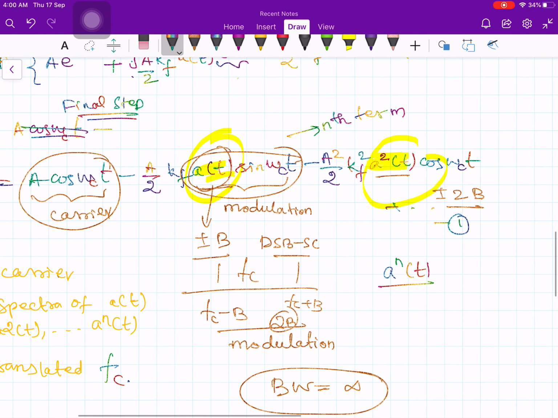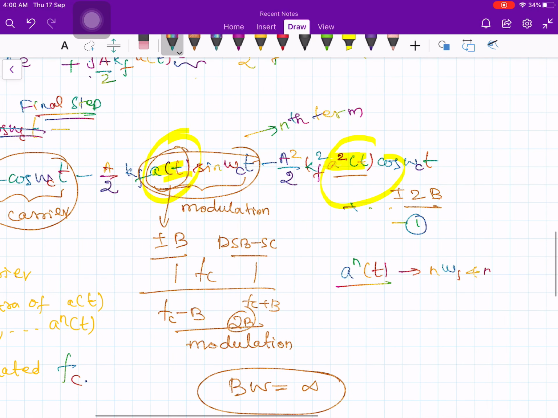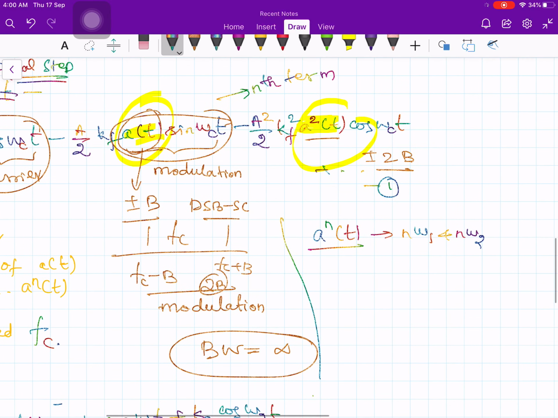So this a to the n of t will produce not only n omega 1 and n omega 2, but it will also produce sums and differences with respect to the carrier frequency. Therefore omega c plus or minus n omega 1 plus or minus n omega 2, where n and m are suitable integers.